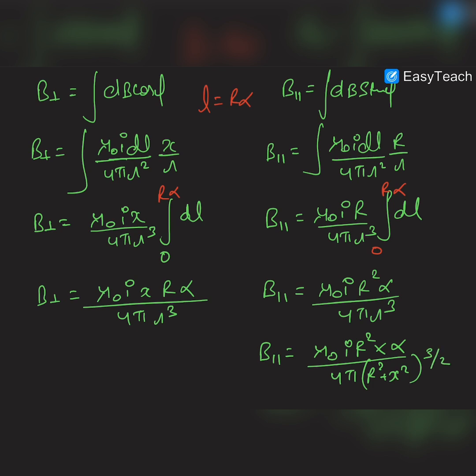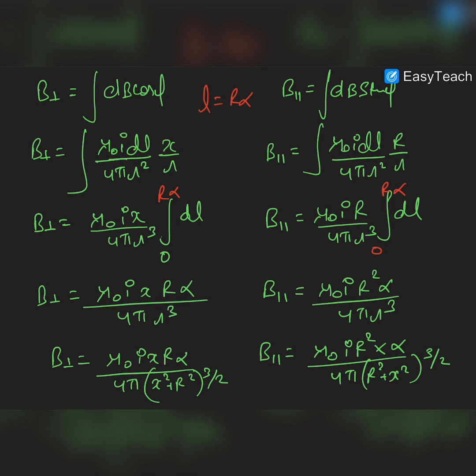If we substitute alpha as 2 pi for the complete ring, cancelling 2 pi with 4 pi leaves a 2 in the denominator, so the formula is mu naught I R square by 2 (R square plus x square) to the power 3 by 2. And B perpendicular will be mu naught I x R alpha divided by 4 pi (x square plus R square) to the power 3 by 2.